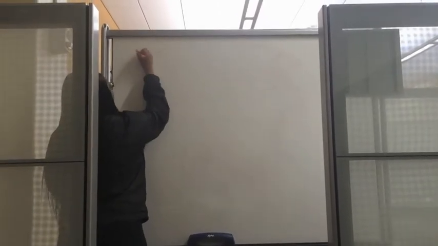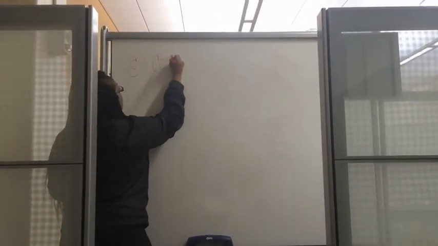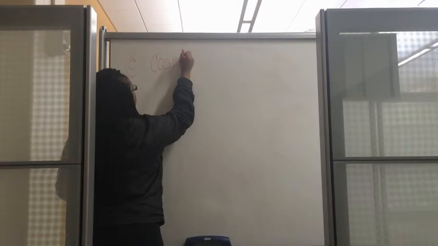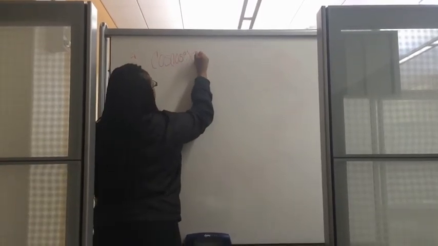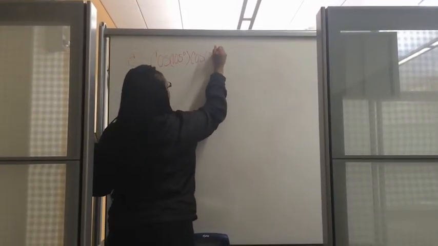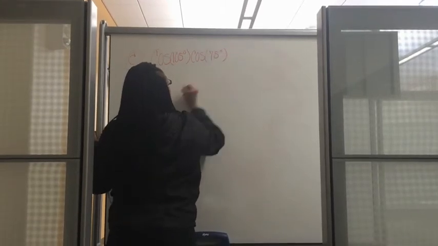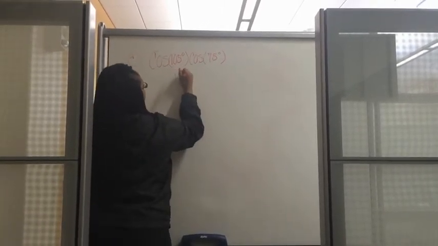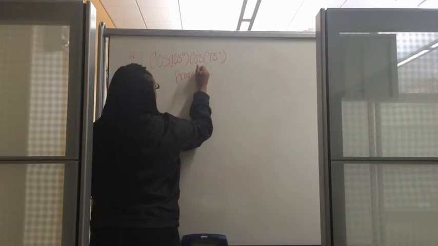So I did problem E, which is cosine 105 degrees times cosine 75 degrees. And I used the product to sum identity.